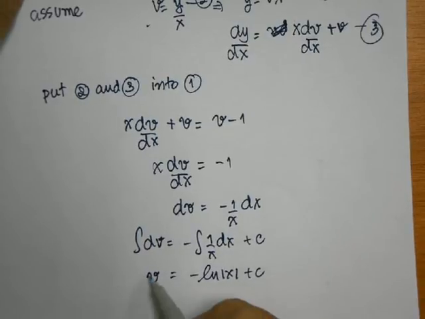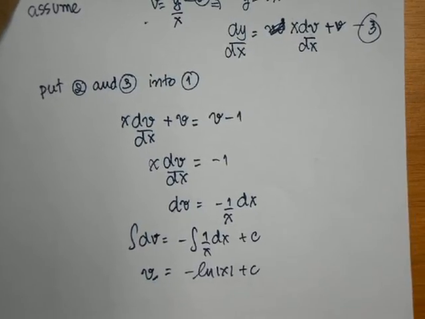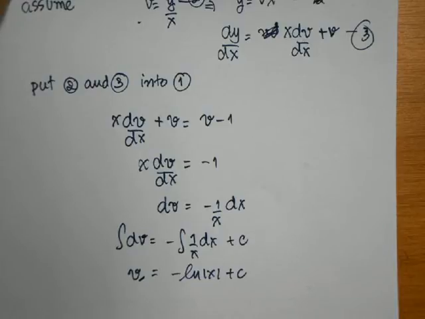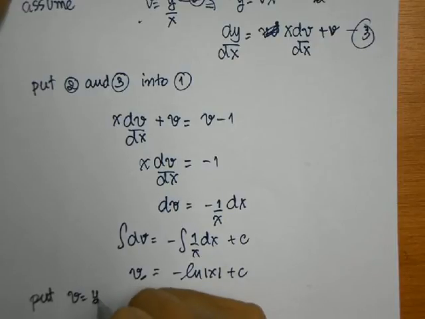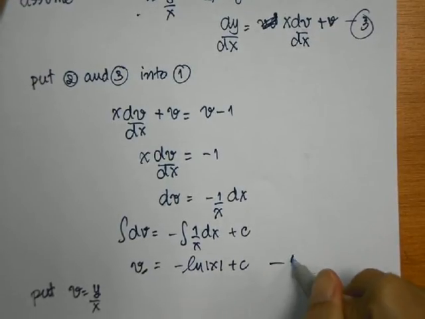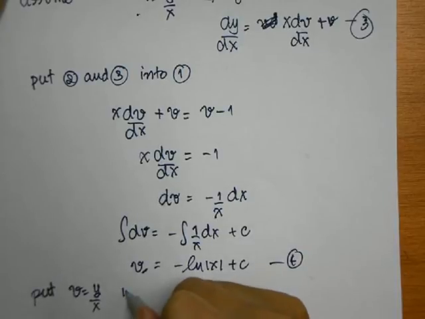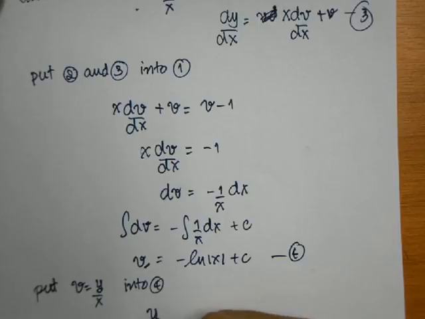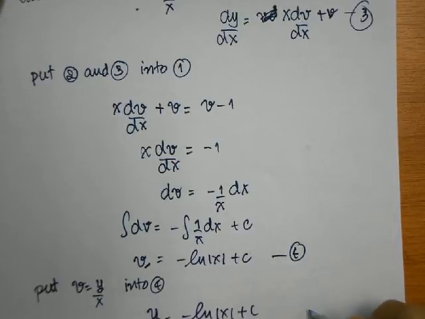But we can't answer this because our problem statement itself doesn't have v. So we got to put v equal to y over x, which is our assumption, back into this equation. So we would get y over x equal to negative ln x plus c. That is the answer.